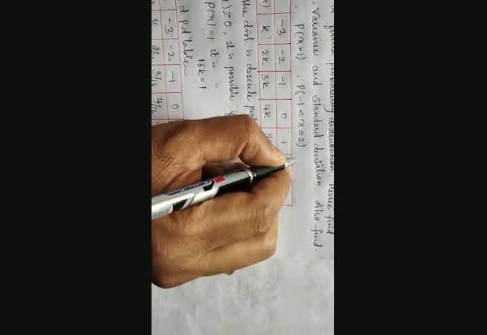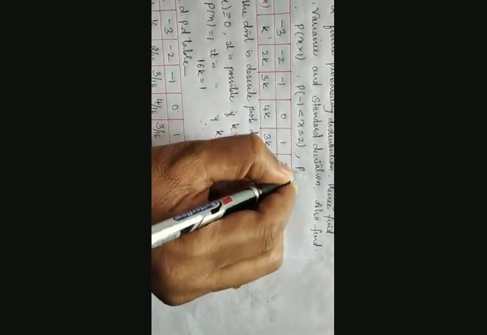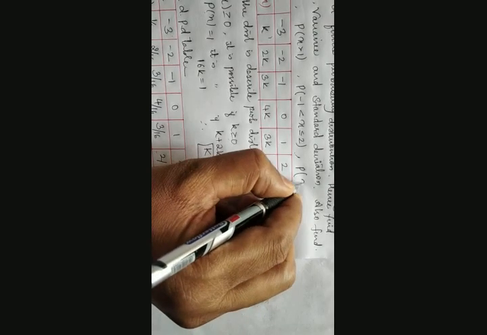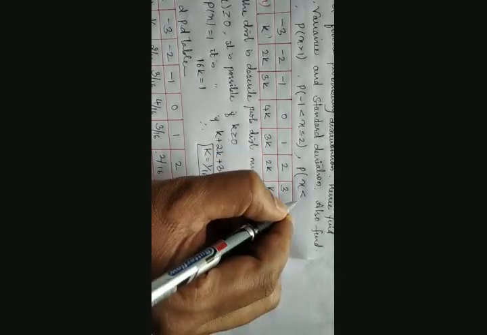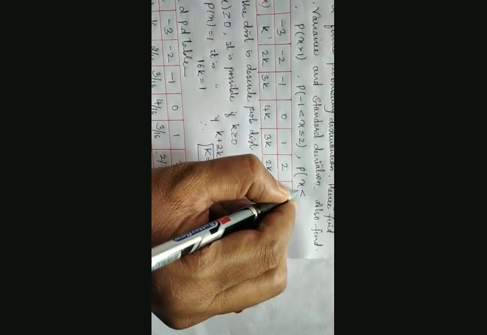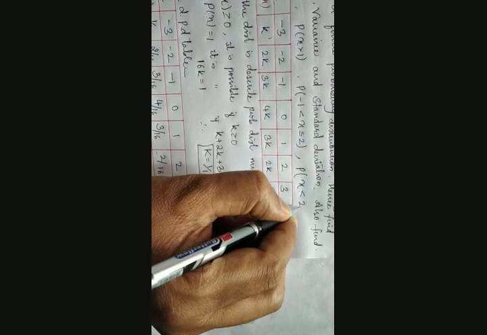Suppose we take one more example, one more thing I would like to add. I want to calculate probability of x less than 2. You might be thinking, what is the big deal in this example? Probability of x less than 2 means what?